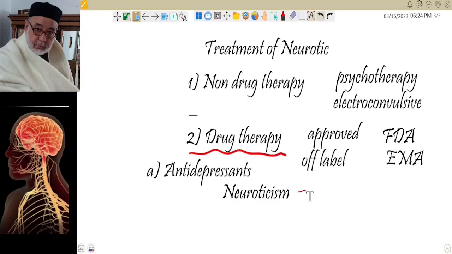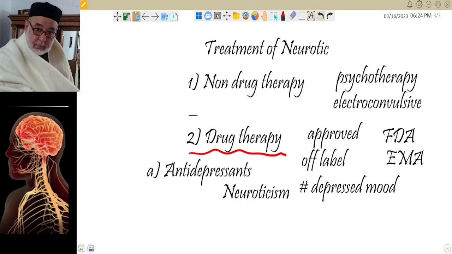Neuroticism is a severe form of neurotic illnesses accompanied by tendency of depressed mood. The mood of the person is depressed, حزن يعني. Depressed mood. Okay? You have the antidepressant in this case.